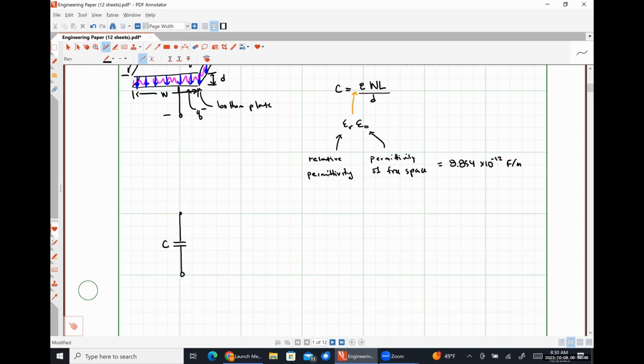There's a gap in between to signify that there's not any actual current flowing through it. Much like the schematic representation of an inductor is simply a coil, the schematic representation of a capacitor is two parallel plates, because that's usually what it's made of.